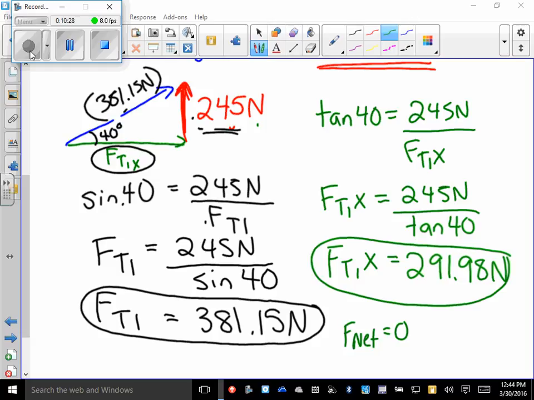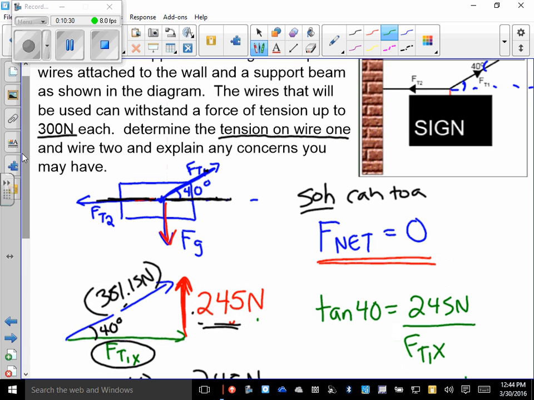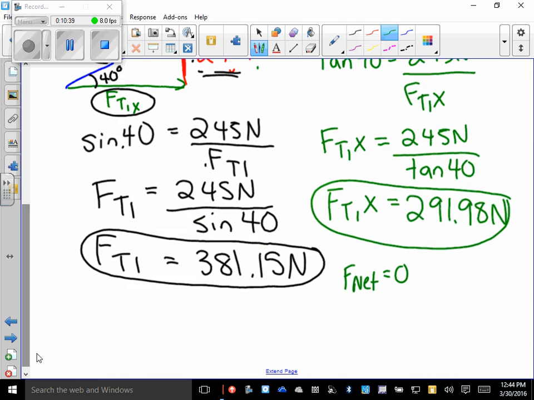What we know, Fnet has to be 0. In the x direction, the only two forces I have are the force of tension of wire 2 and the force of tension from wire 1, only the x component part, only this part. So Fnet is going to equal force of tension 2 plus the force of tension from 1 in the x direction. Fnet we said is 0.